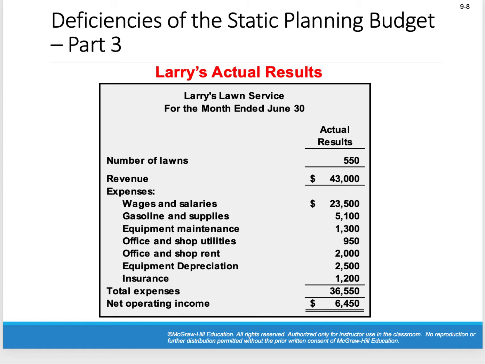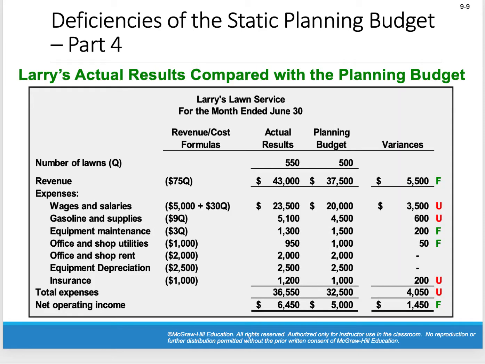So we have the static plan versus these actual results. So now what we're going to do is create a variance, okay? And what we're doing is we're comparing actual results with that static budget, okay? So when we're looking at this activity variance here, right?